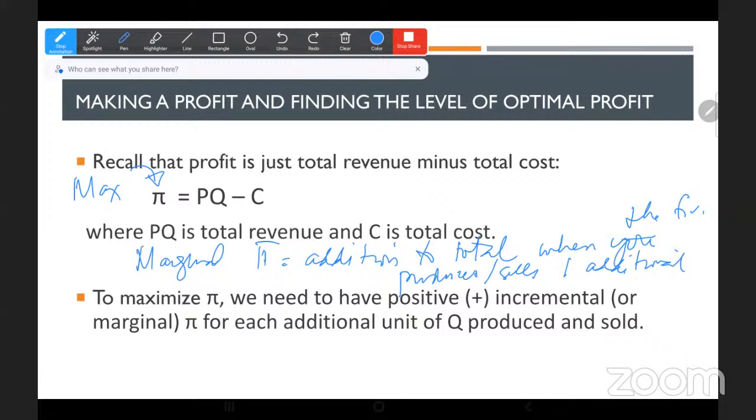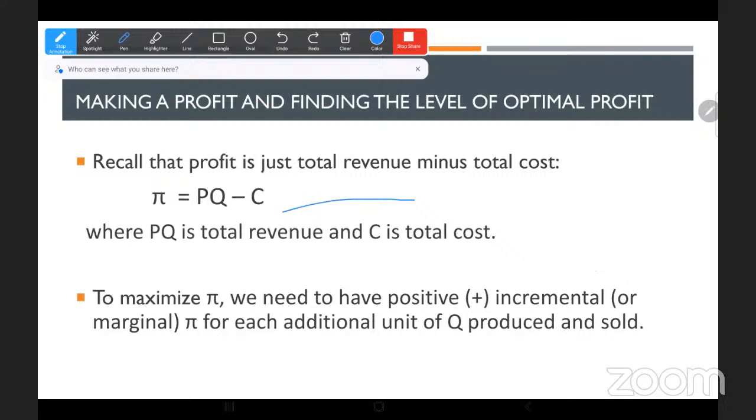Is it possible to have a negative marginal profit? Yes, when the cost is too high, the additional cost is higher than the additional revenue generated by the additional unit of the good.